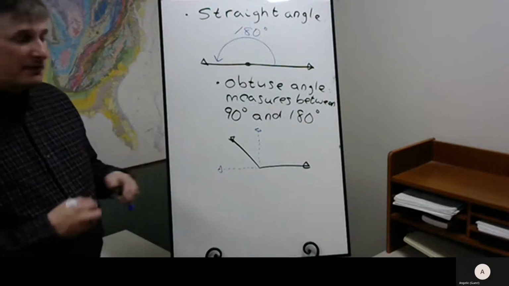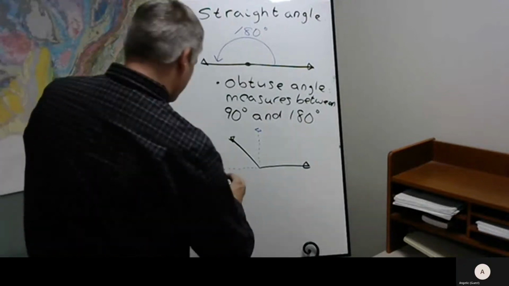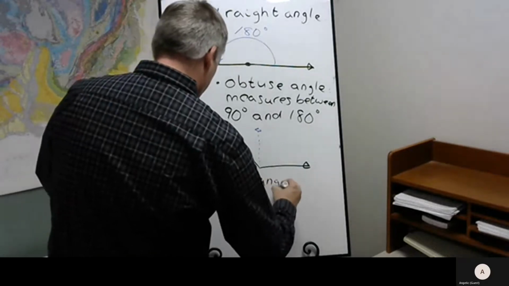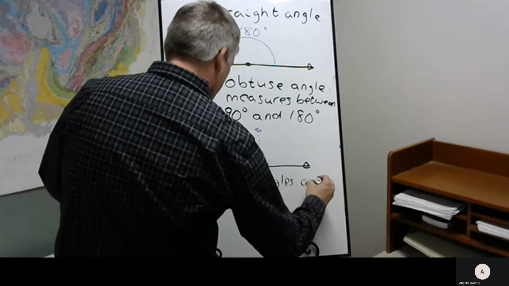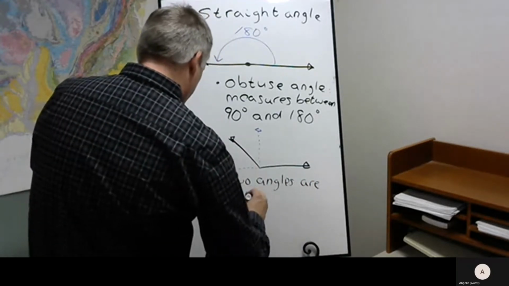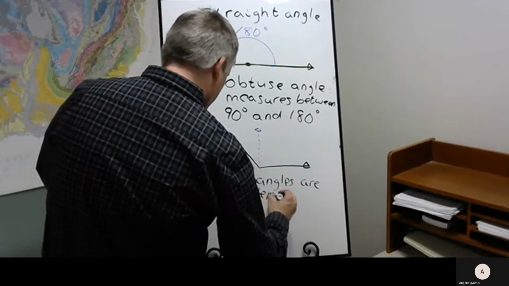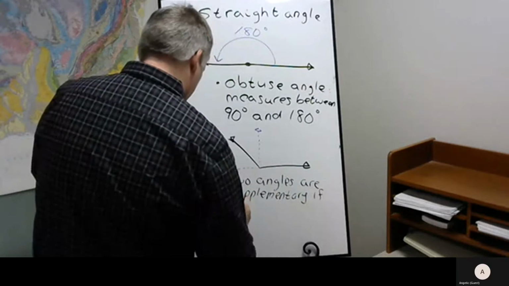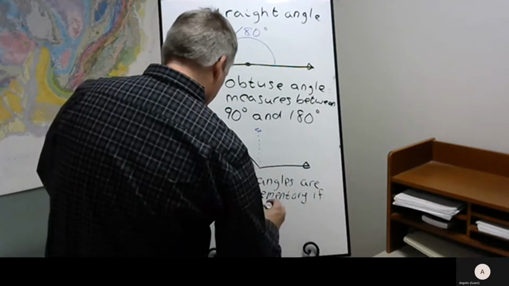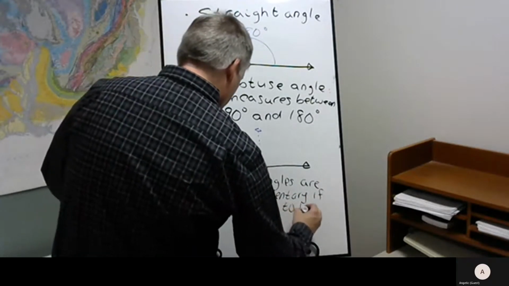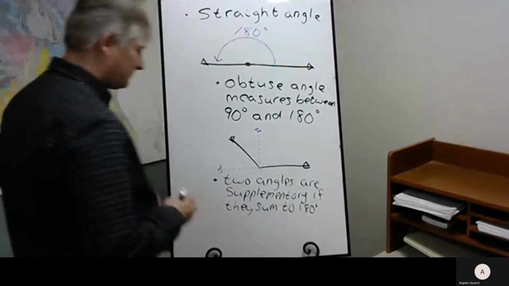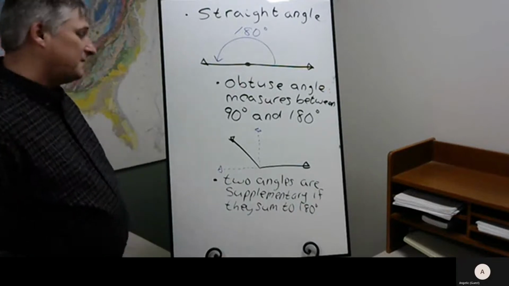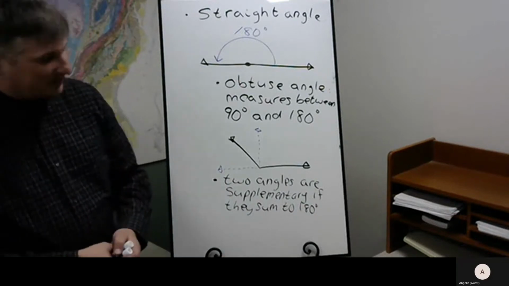So something else comes up with this. It's called supplementary. Two angles are supplementary if they sum to 180 degrees.